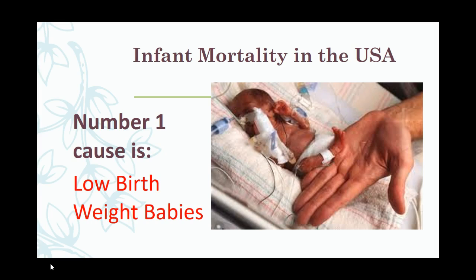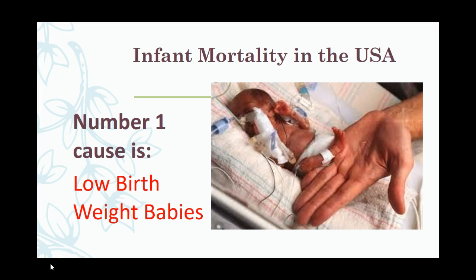I believe I've said this before, but the number one cause of infant mortality in the U.S. is low birth weight babies. And there are so many different things that contribute to low birth weight infants, which is why it is very important to educate moms about the different things that potentially might cause low birth weight in babies.